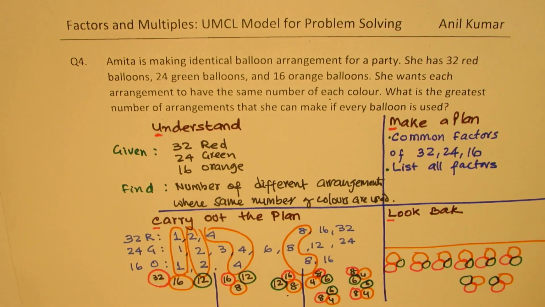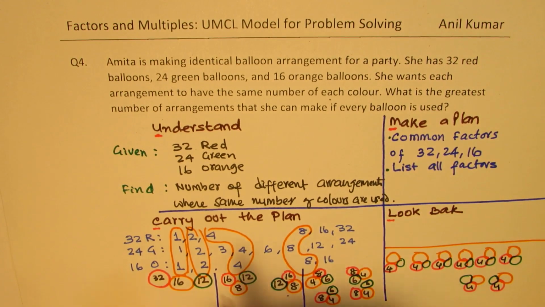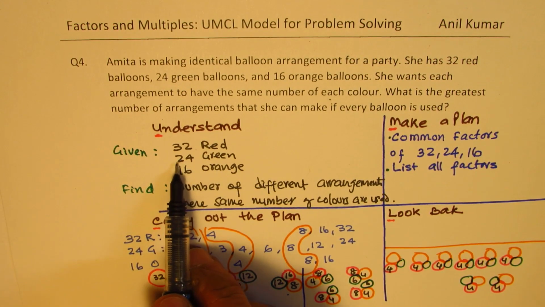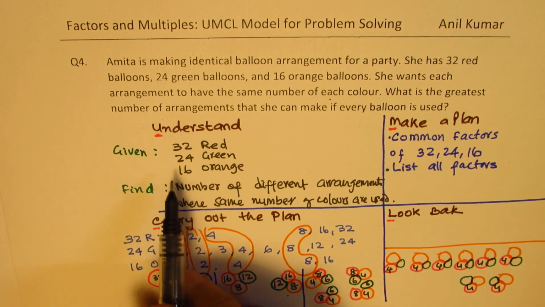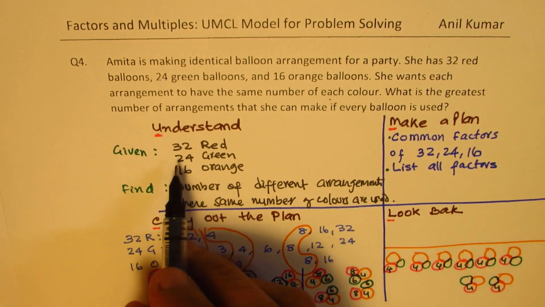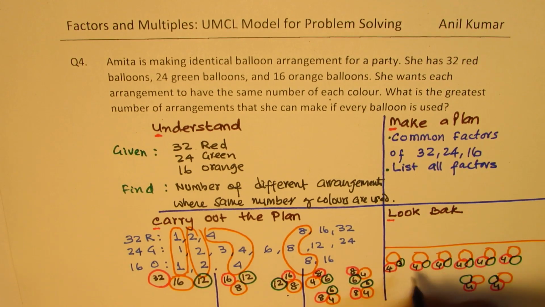So the red ones will now be 4 each, right? So 32 divided by 8 will give you 4. So we have 4 in these ones, the red ones. Is that clear to you? Green, 24, sorry, divided by 8, we have 3, right? So 24 divided by 8 is 3. So green will be 3.